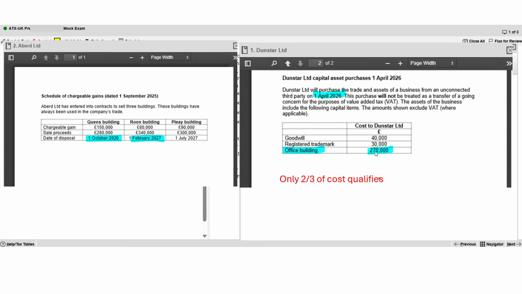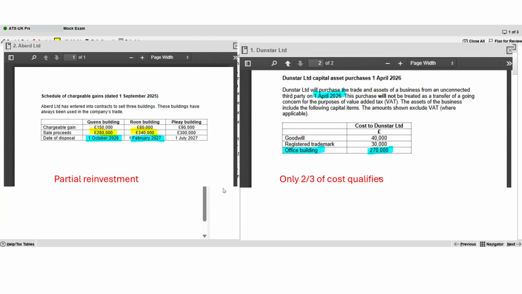So 2/3 of 270,000 is the amount that's being reinvested in a qualifying asset. So going back to the proceeds that we've got, the Quens building is sold for 280, so we're spending 2/3 of 270, it's clear that we're not reinvesting all of the proceeds, and the Roon building is sold for 340, so again, we've only got partial reinvestment here.